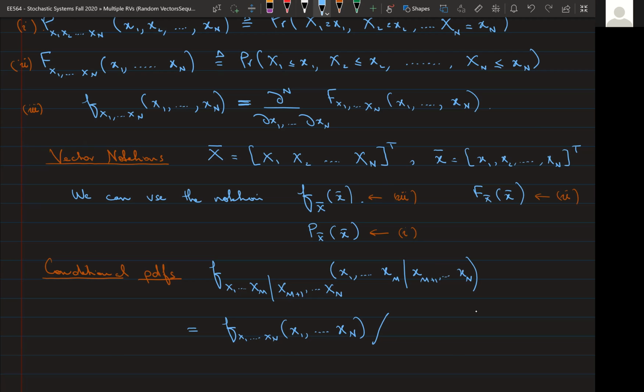What should this be divided by? Okay, this cannot be divided by the probability. These are continuous random variables. The probability is 0. Shoaib? The PDF of x of m plus 1 dot dot dot x of n. Good. Right. So the PDF of xm plus 1 to xn evaluated at small xm plus 1 all the way up to small xn. Okay. So it's a joint PDF, right?